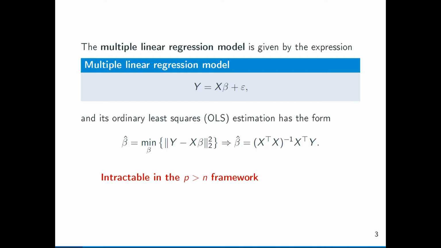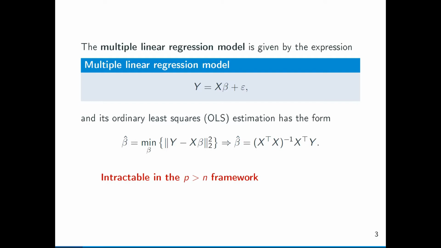However, there are some limitations in practice, in particular when the number of covariates P is greater than the sample size N. This problem is intractable, so we cannot estimate the beta vector. This is related to the non-invertibility of the X transpose X matrix.